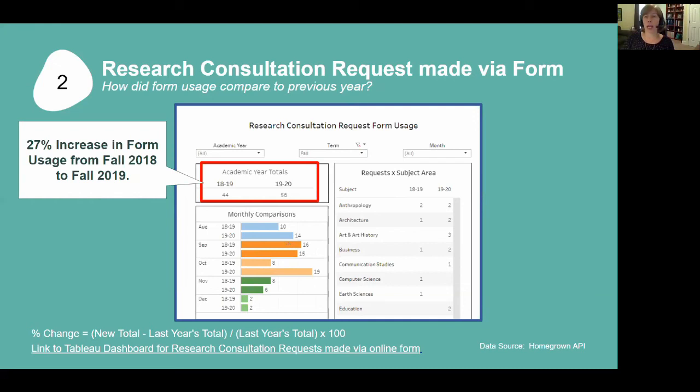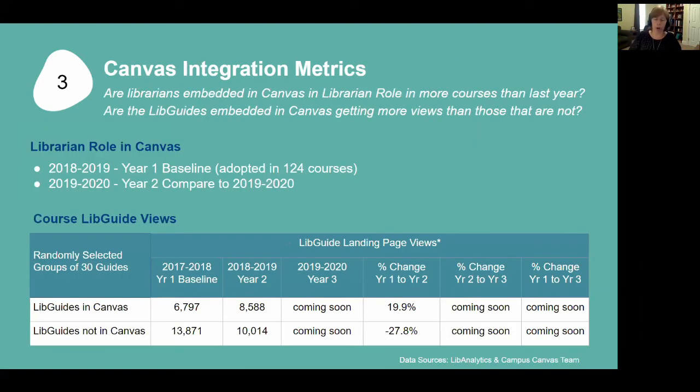The next thing was a research consultation request form. About a year and a half ago, our head of research and instruction wanted to make it really easy for students to schedule research consultations with their subject librarian. So we had the idea, what if we develop this online form and it's integrated into the student portal?